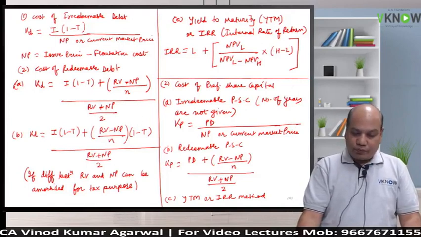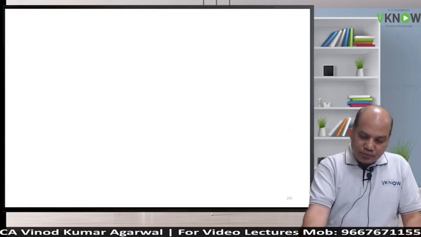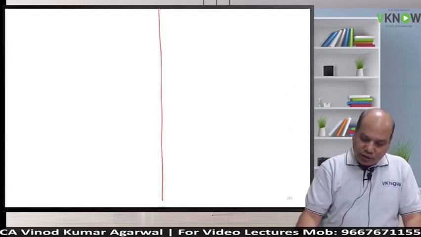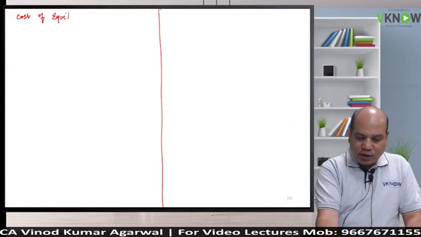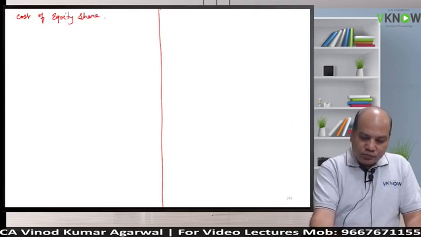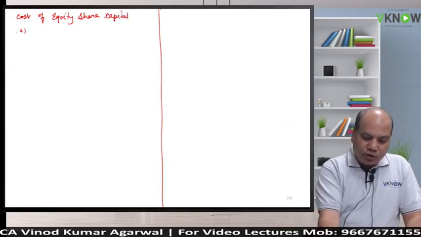Okay. So up to preference share, any problem? No, sir. Now we'll revise cost of equity shares. Write in good handwriting. Revise one day before the exam. Cost of equity share capital. So under this we have different approaches.